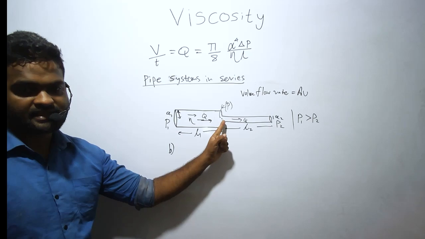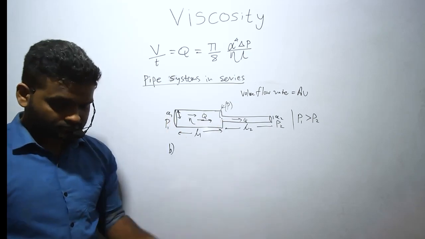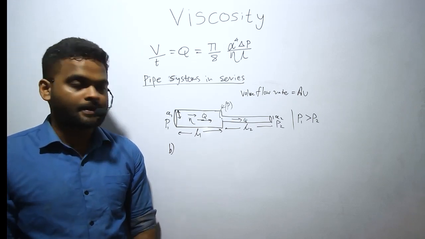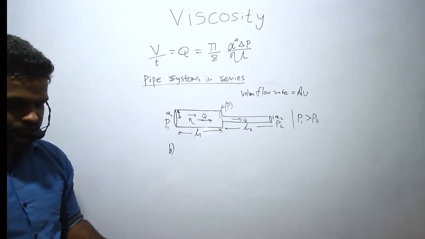P means pressure at the junction, right? Not this one. If you want, you can write that. Find Q volume flow rate when P is unknown.